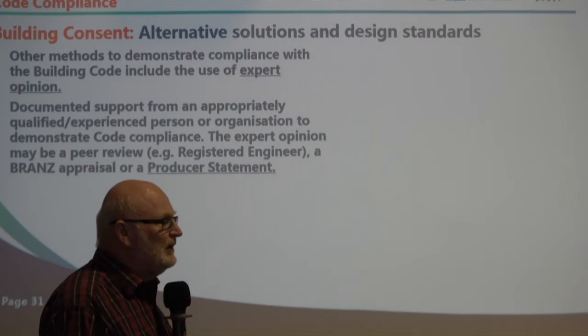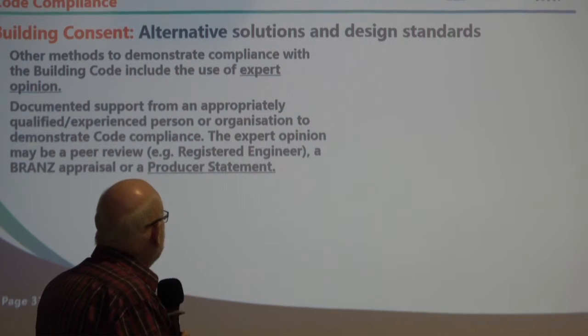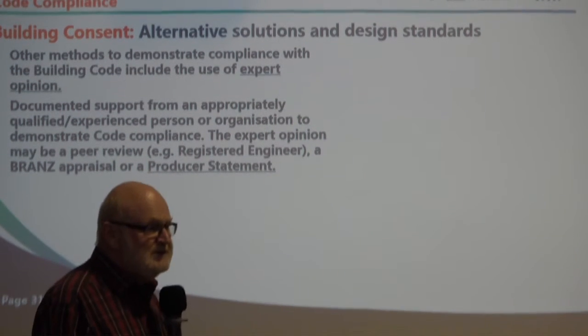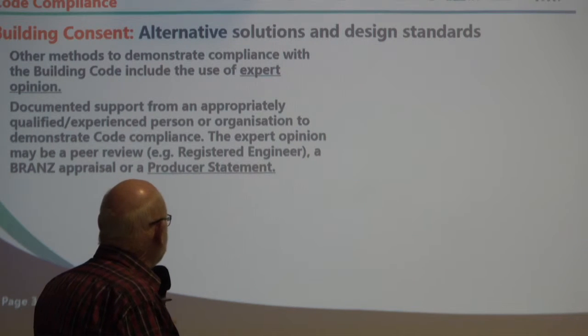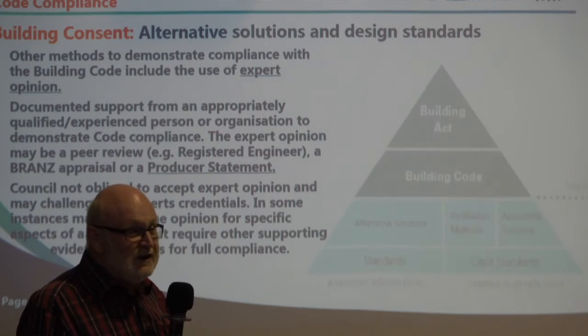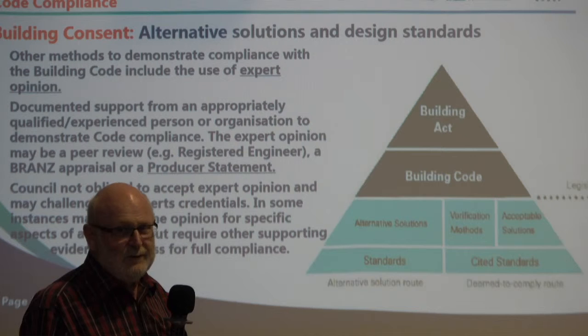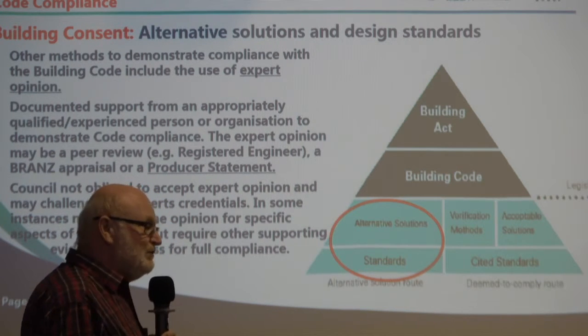If you're not using acceptable standards, but you're demonstrating alternative solutions using experts, the council can in fact challenge the expertise of the person that's saying this is okay. But it's an alternative method.